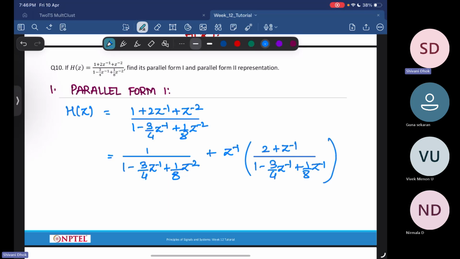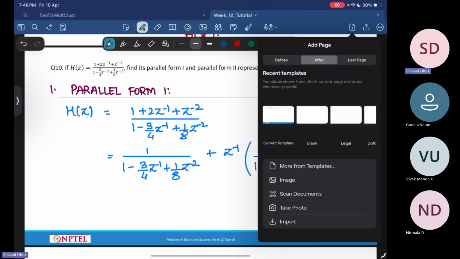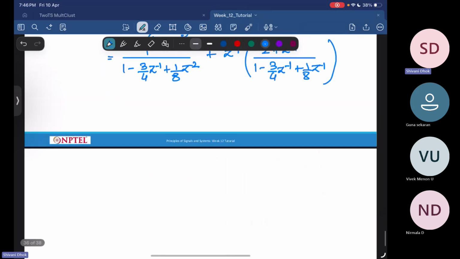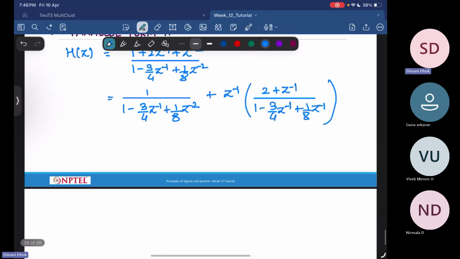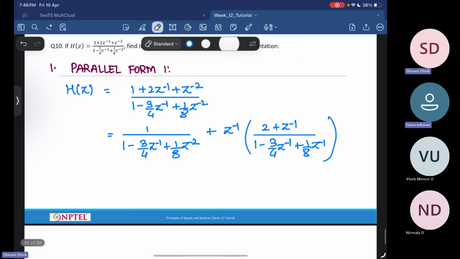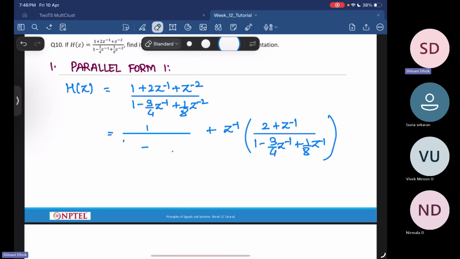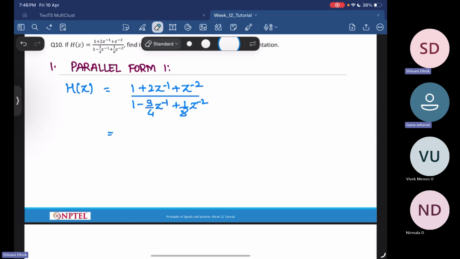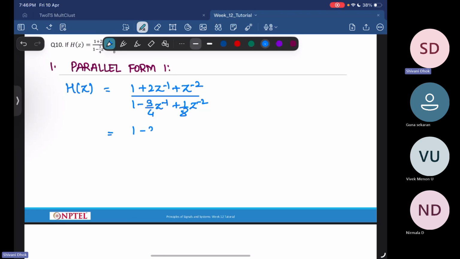Okay, so we have this now. No, I don't want to do it in this way. I'll again add and subtract minus 3 by 4 z inverse and 1 by 8 z inverse. That simplifies many things.